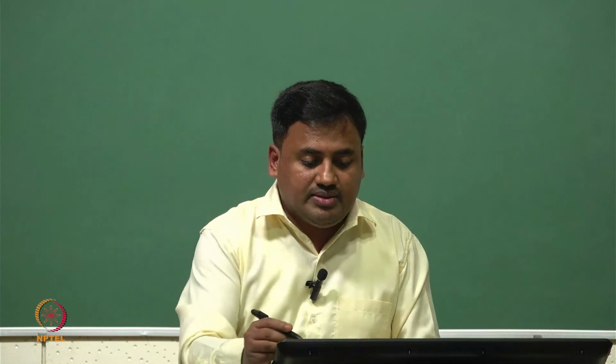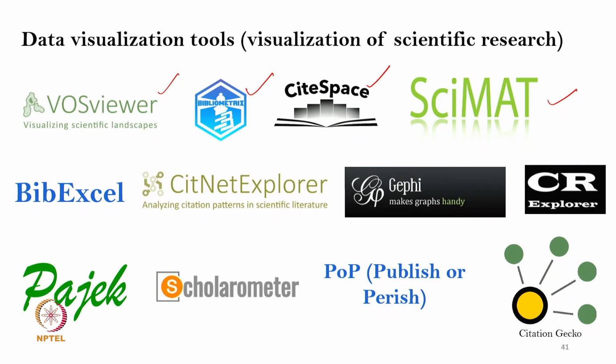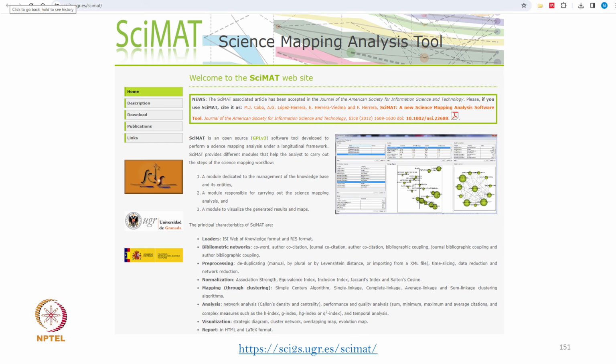Another tool is SciMAT, again a science mapping analysis tool. It's an open source software tool that performs science mapping analysis, and it includes the methodologies, algorithms, and measures for all steps in the science mapping workflow, from preprocessing to visualizing the results.